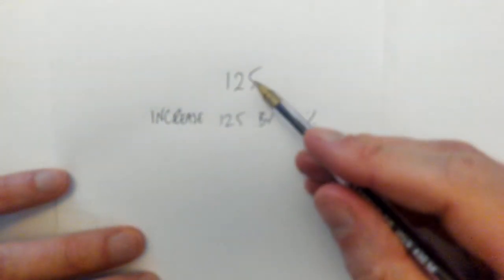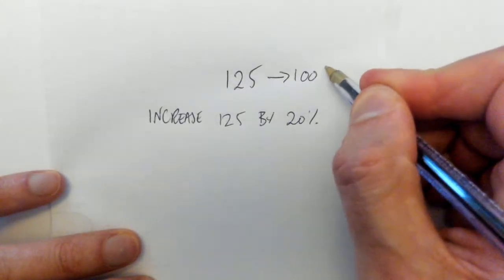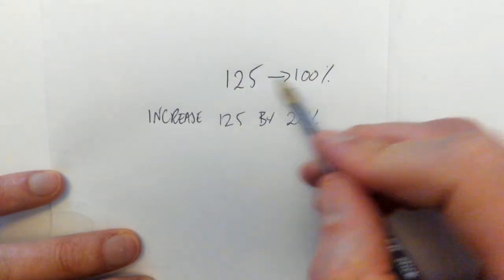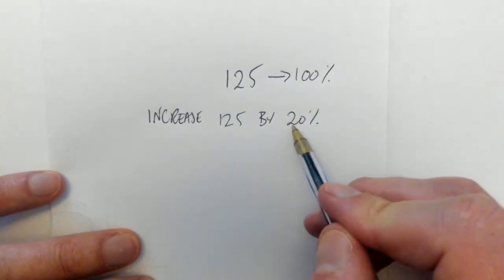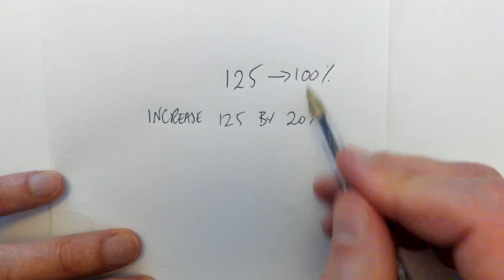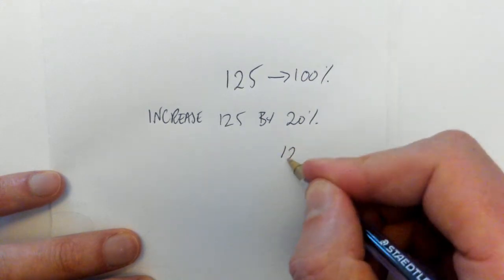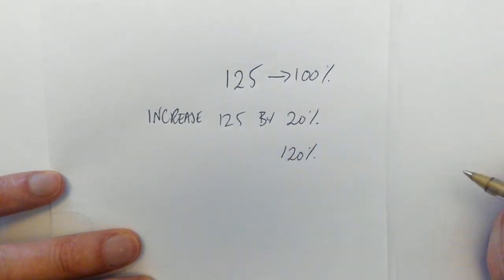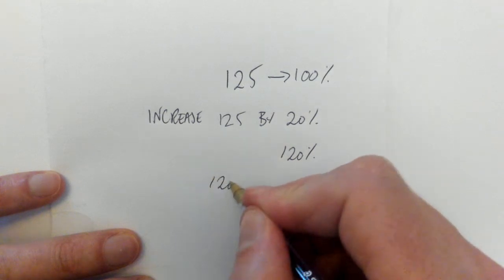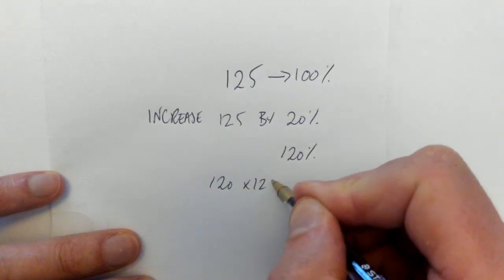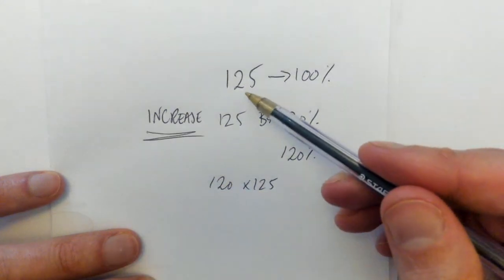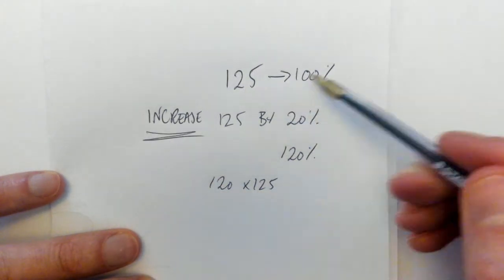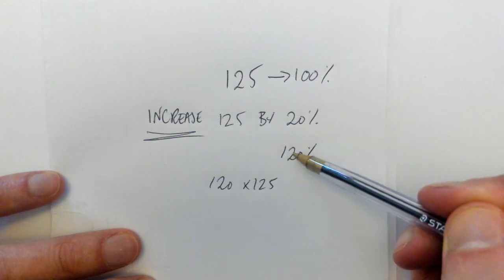So 125 represents 100%, doesn't it? 125 is 100%. That's the base number we're given. We want to increase it by 20%. If we're increasing this by 20%, it's 120%, isn't it? So what we want is 1.2 times 125, right? So if we get an increase question, that's what we do. We take this as 100%, whatever we're increasing by, work out that percentage.